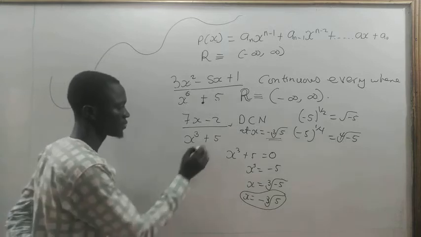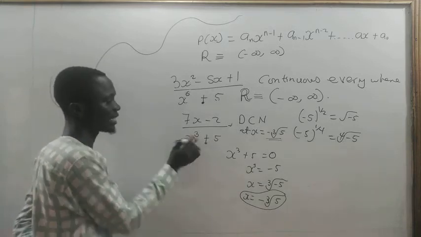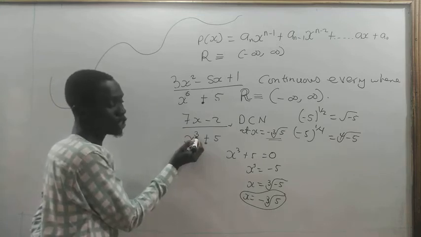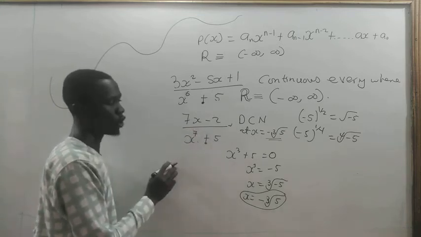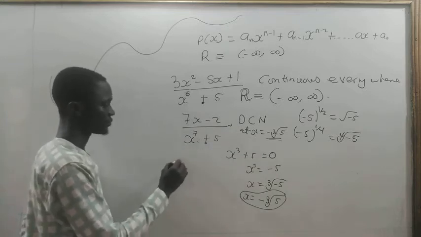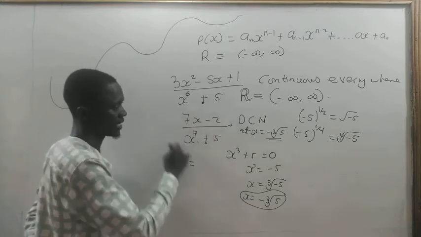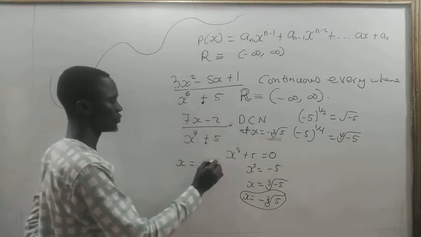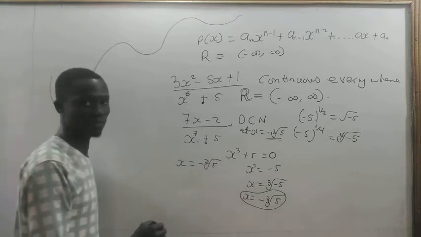So here, if you have a positive sign here, and you take odd powers, let's say 7 is an odd power, the function is still discontinuous at x equal to negative 7th root of 5.